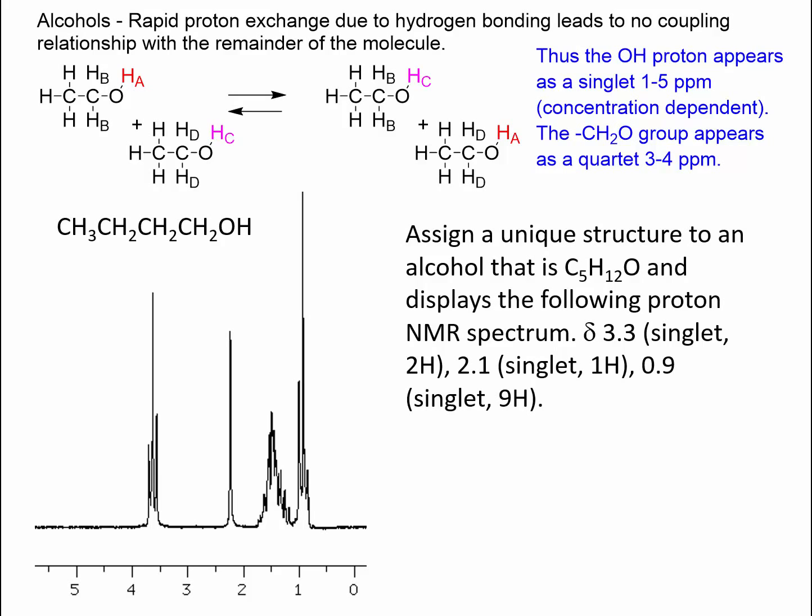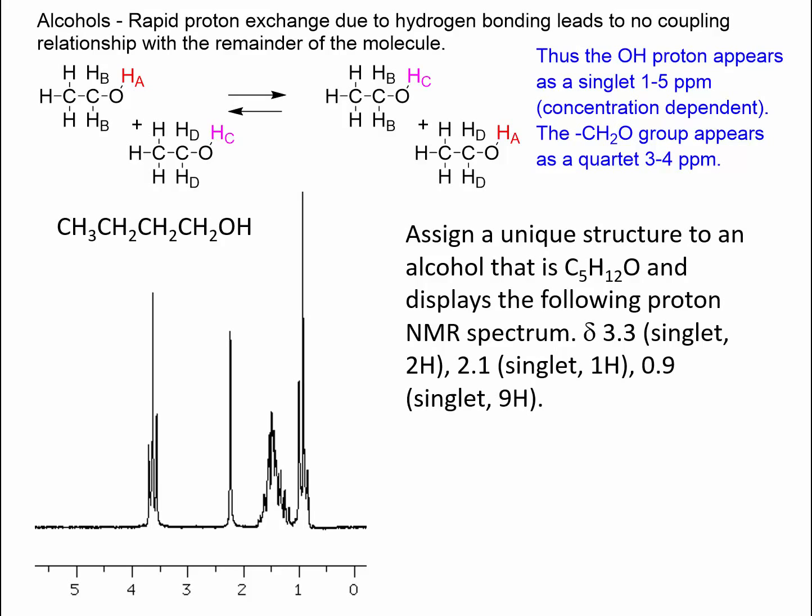There's no coupling relationship established. Okay, the OH is going to appear as a singlet, and the CH2 that's adjacent to oxygen is going to appear as a quartet. Its only coupling is to the CH3 group and not to the OH.